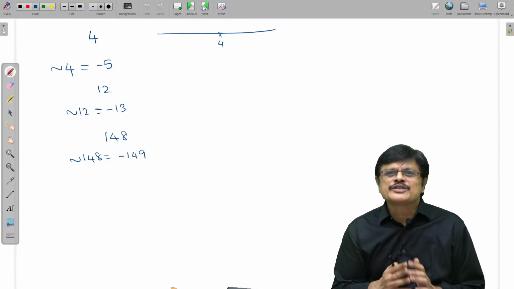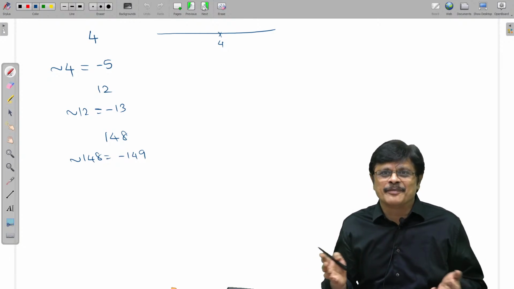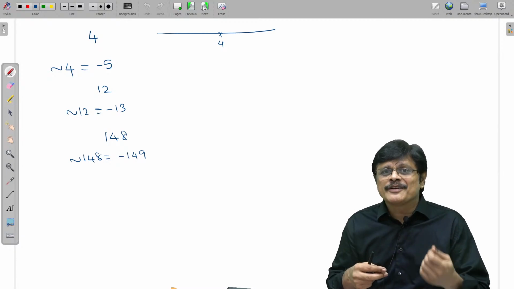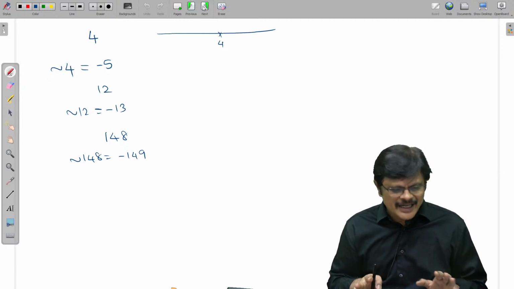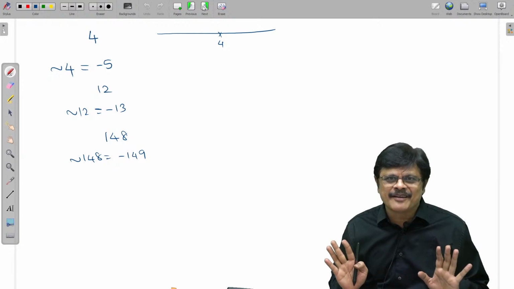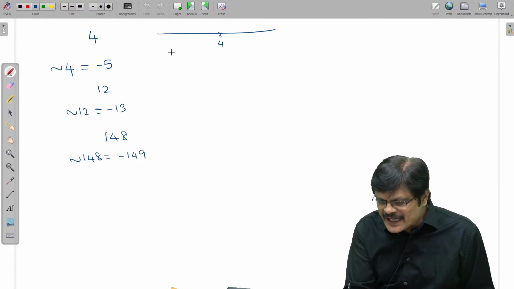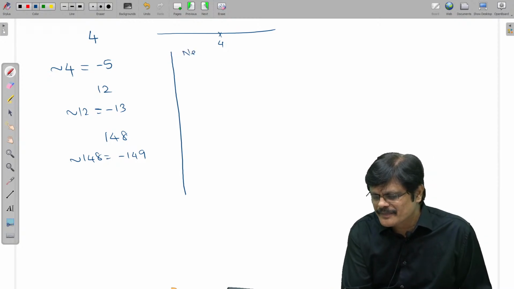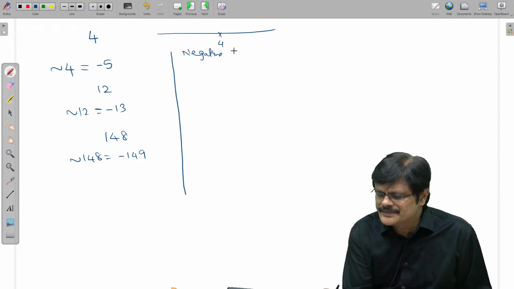But here, because we have arbitrary precision, the number of bits is not fixed, so there is no problem with overflow conditions. Am I clear? So we are very, very happy with this, my dear friends. And what about negative numbers? What if I have negative numbers?